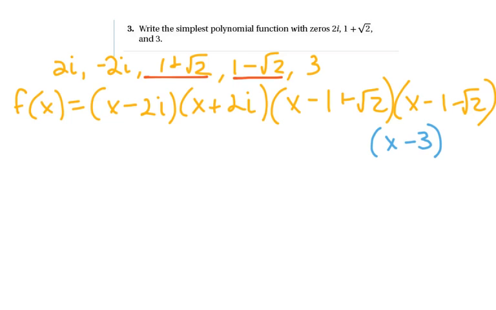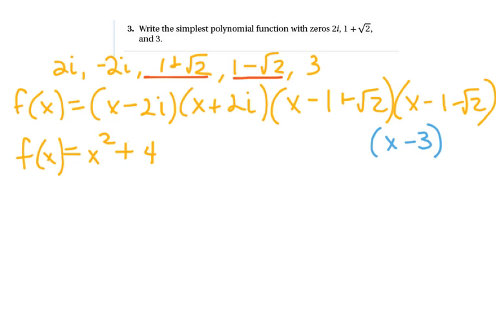Since I'm trying to write a polynomial function, I need to go ahead and multiply these together. Multiplying, I get f of x equals x squared. Since this is plus and minus, I'm going to get a difference of 2 squares, so minus 4i squared. i squared is negative 1, so this really is x squared plus 4.